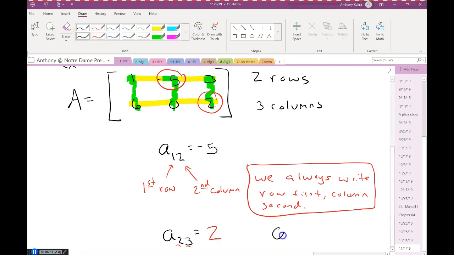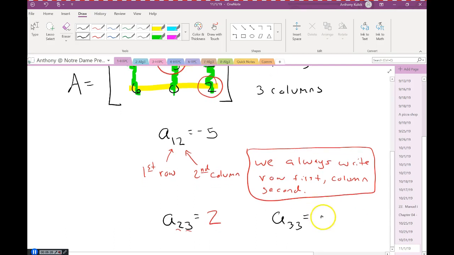What if I asked you what A33 is? That doesn't make sense, right, that question? You wouldn't write 0. You would say something like, this doesn't make sense. Why doesn't this make sense? Yeah, there's not 3 rows, right? So you can't even talk about something like this for this matrix.